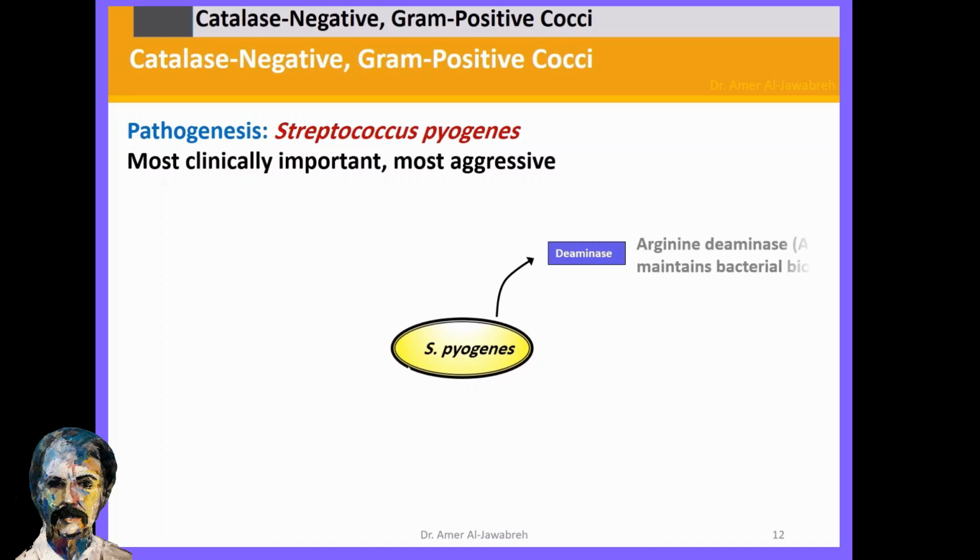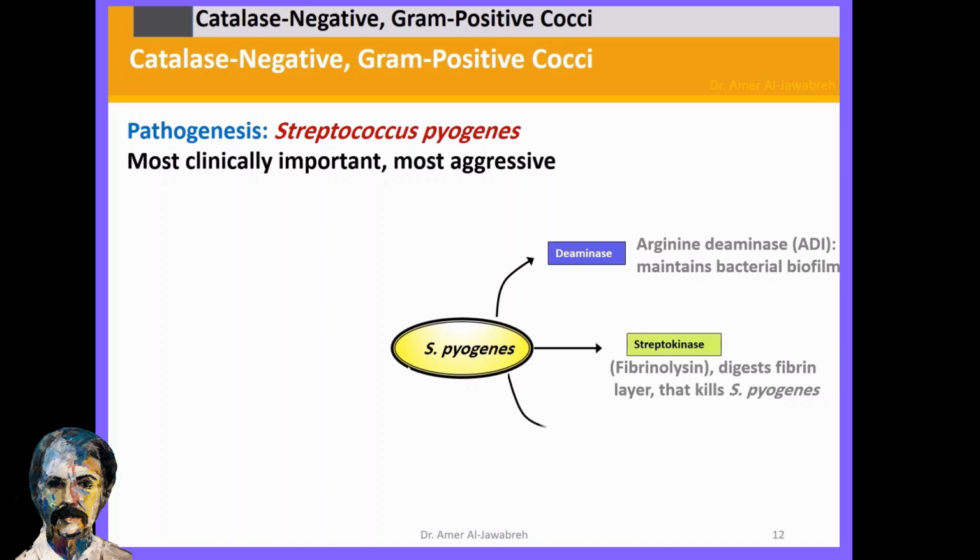So these are the enzymes produced by S. pyogenes. Deaminase, like arginine deaminase, maintains bacterial biofilm. It helps the bacteria to build a biofilm on the tissue so it can stick there and cause harm for us, of course. Streptokinase, a fibrinolysin, digests fibrin that kills S. pyogenes, but streptokinase prevents this.